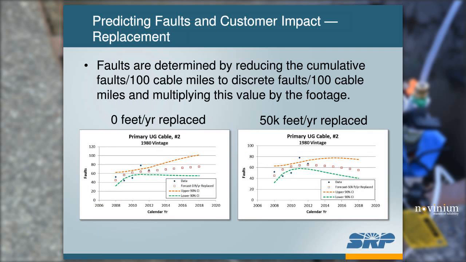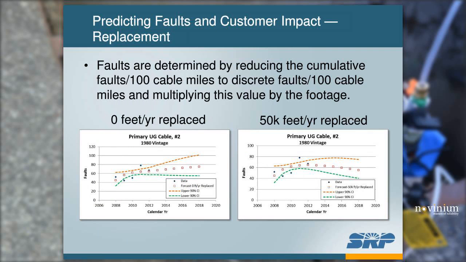Once we've run our Crow-AMSAA model, we can now forecast faults based upon cable replacement by reducing the cumulative faults per 100 cable mile to discrete faults. And then once we have the discrete faults per 100 cable mile, we multiply by the footage. So there are two examples here.